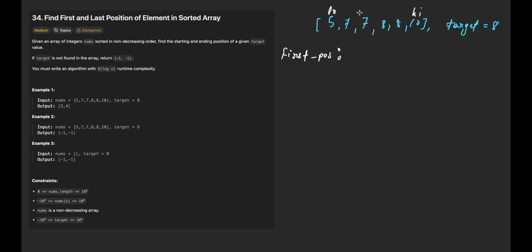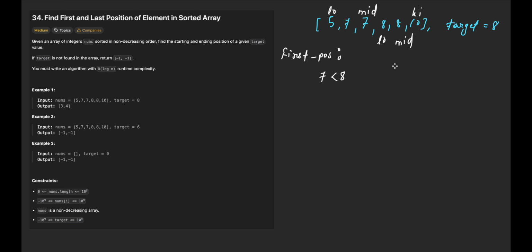So let's say if we had got mid here, since 7 is smaller than 8, we would be discarding these elements and moving the low pointer here. So low comes here and we check for the mid again.